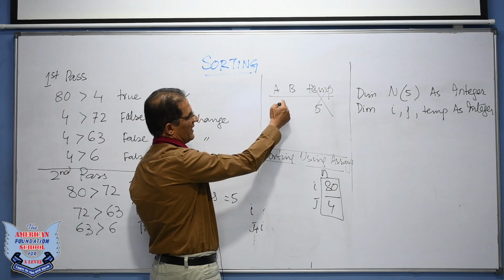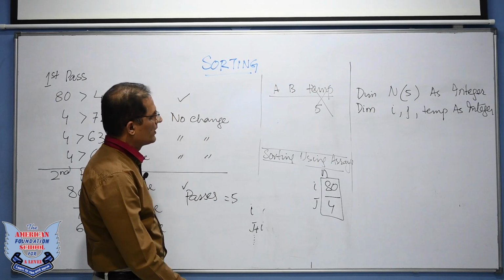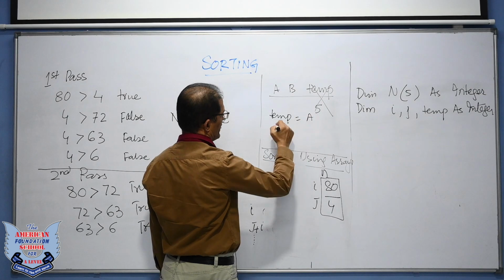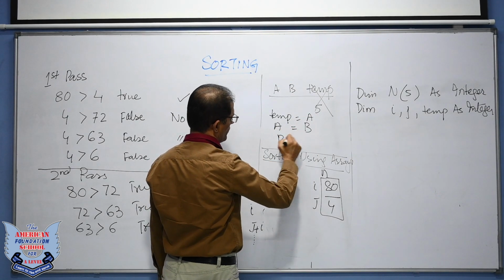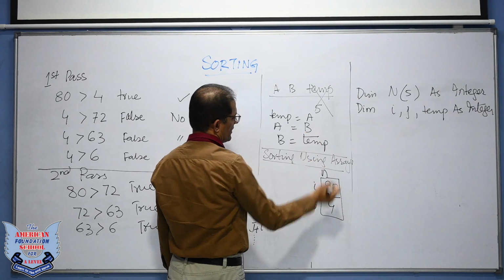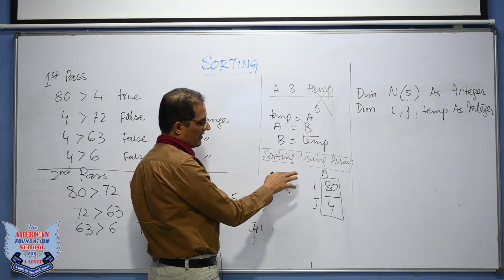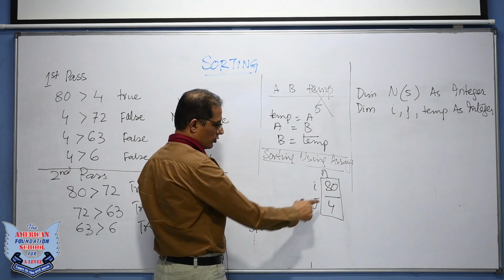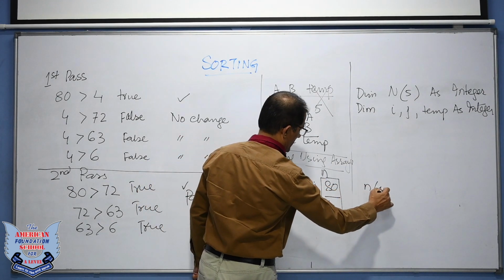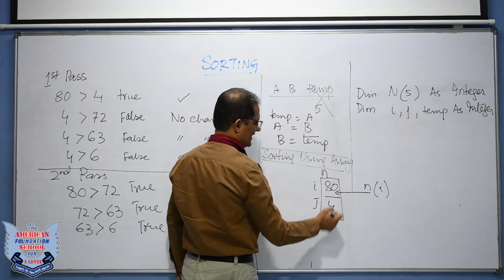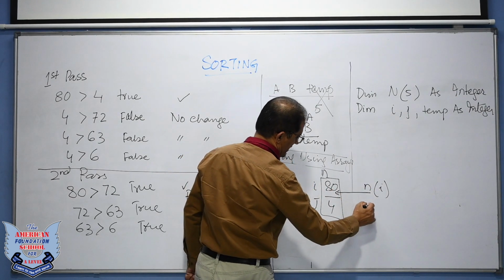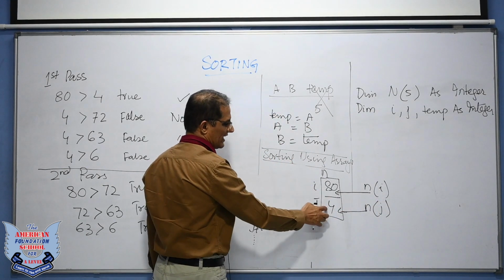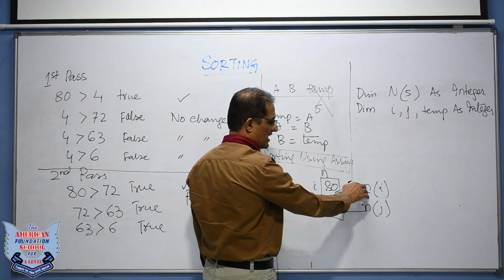Last time we had the variables a and b, and we saw that the program for the swapping will be like this: temp equals a, a equals b, and then b equals temp. This time we don't have a and b, we have n of I and n of j. To access this element, you write n of I. That means you're talking about this 80. To access this element, you write n of j. So these are the two numbers, 80 and 4, and they can be addressed as n of I and n of j.